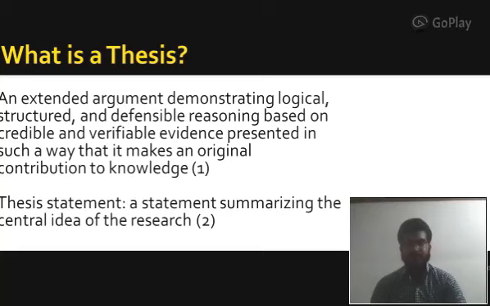Or in other words, the basic main idea of your research is what we call a thesis statement. But this idea should be expressed in the form of a complete sentence making complete sense to the listener. In other words, it is simply a sentence talking about what this research is all about.